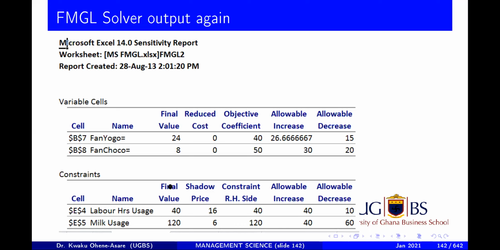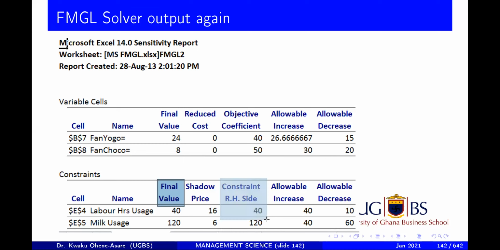By the way, the final value of the constraint is the left-hand side of that constraint, the one we normally call the usage. Then the right-hand side of the constraint is actually the right-hand side of the constraint.